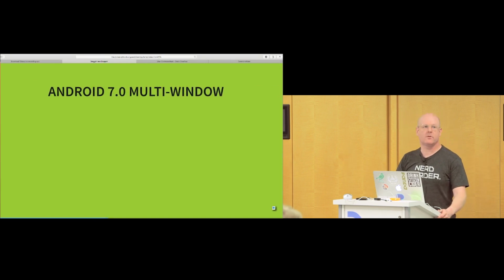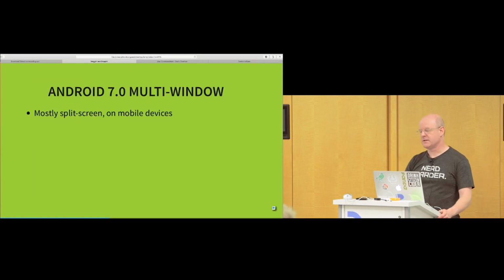But now it's Android 7.0. We can have 2 windows on our mobile devices in split screen mode. There's also picture-in-picture for televisions, Android TV. Drag and drop isn't going to be relevant for those scenarios for a whole bunch of reasons, not the least of which is that televisions are not touchscreens.